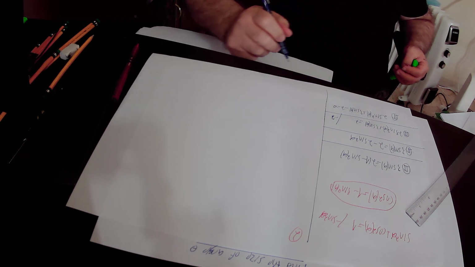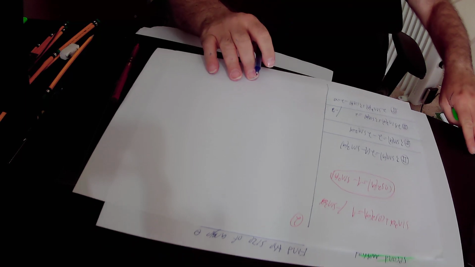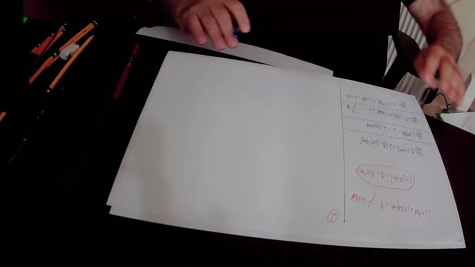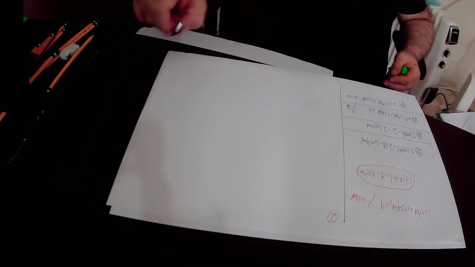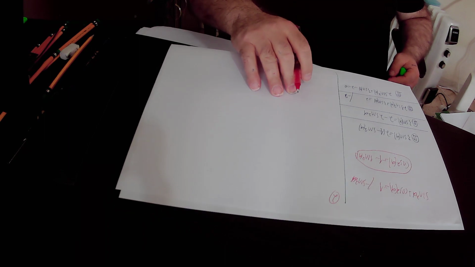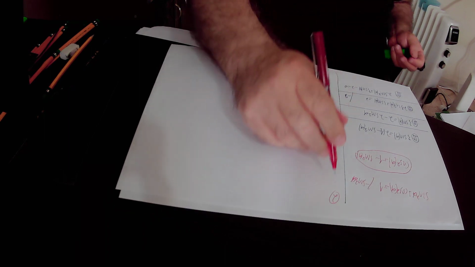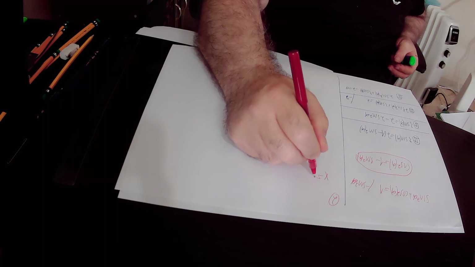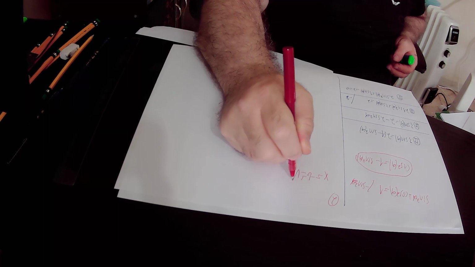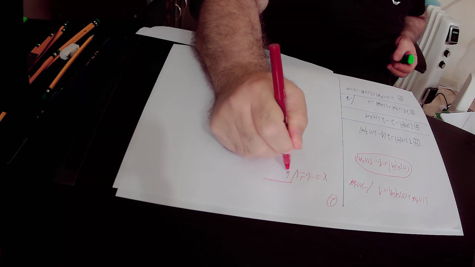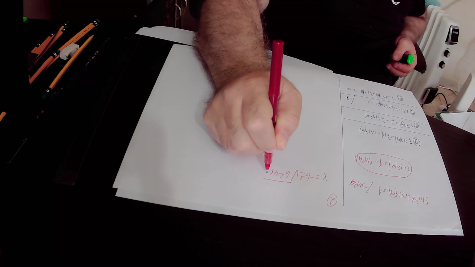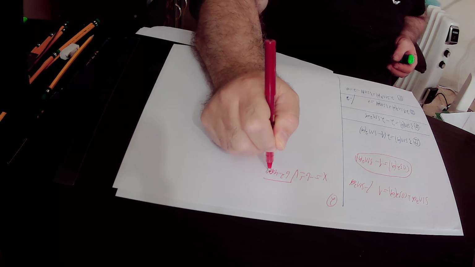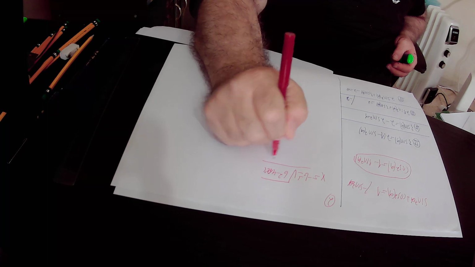So here we have a quadratic equation, and the solution to this quadratic equation is x equals minus b plus minus square root of b squared minus 4 times ac over 2a.